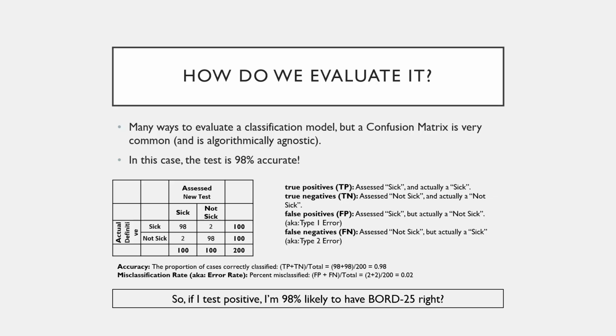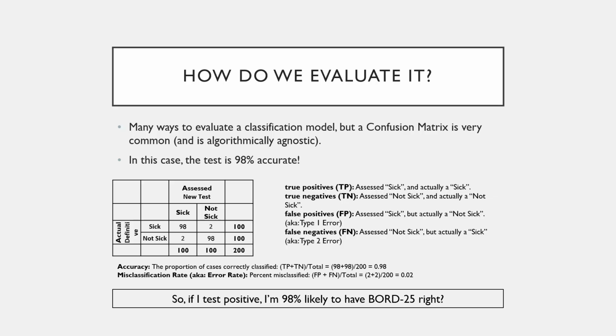There were 100 people who weren't sick, and 98 of those were correctly identified as being not sick with our new test. But you'll notice that there were 2 each of people who were sick but were identified as not sick, or not sick and identified as being sick.